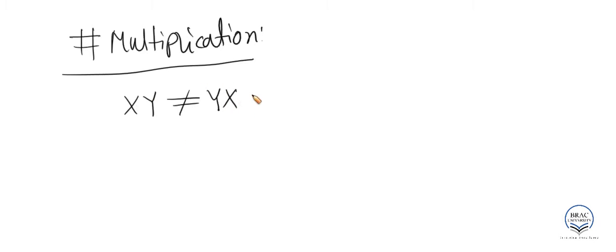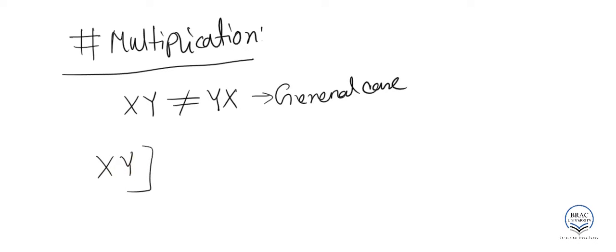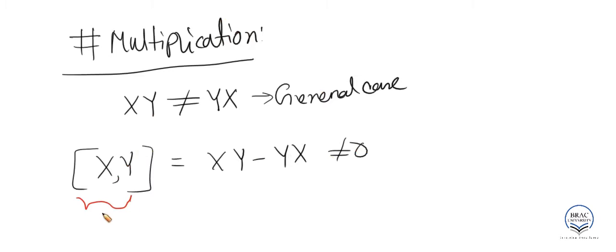This is the general case, and if this general case is satisfied, we say x and y do not commute, and the commutator, given by xy minus yx, is not 0. We talked about this when we talked about matrices. So this is the commutator.